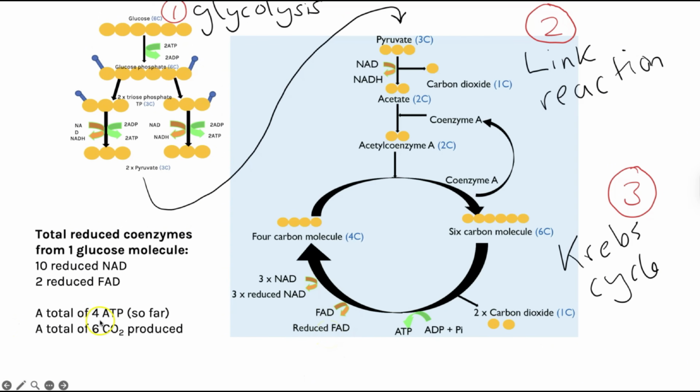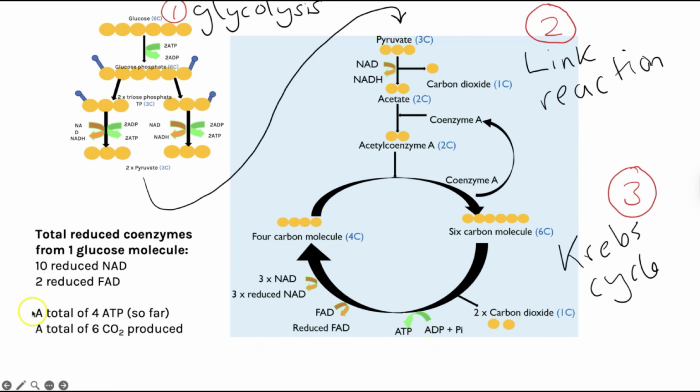We have a total of 4 ATP molecules so far. We had a net gain of 2 in glycolysis, and we had 2 from the Krebs cycle happening twice. And we have 6 carbon dioxide, which is waste, it's not useful, but we do have 6 carbon dioxide molecules. We had 2 being produced in the 2 lots of the link reaction, and 4 being produced in the 2 lots of the Krebs cycle.